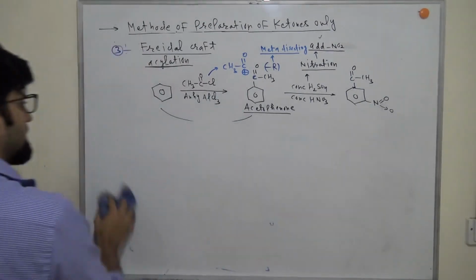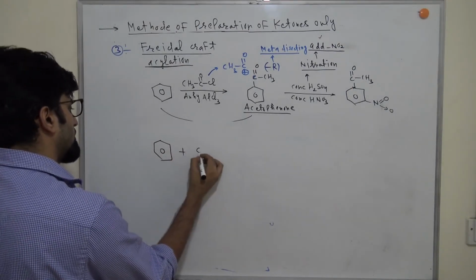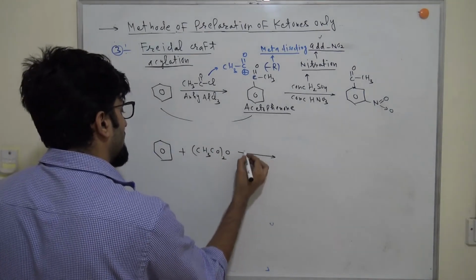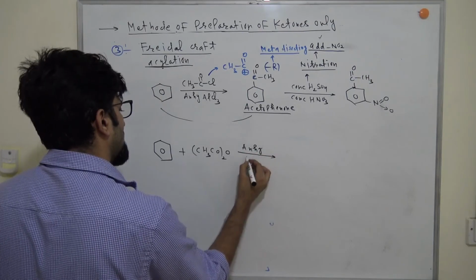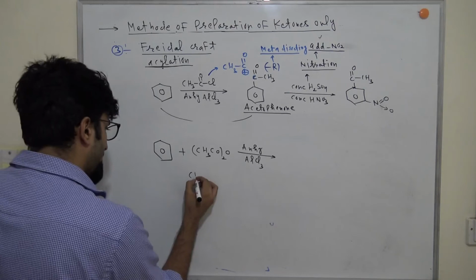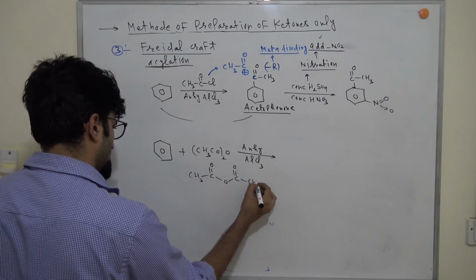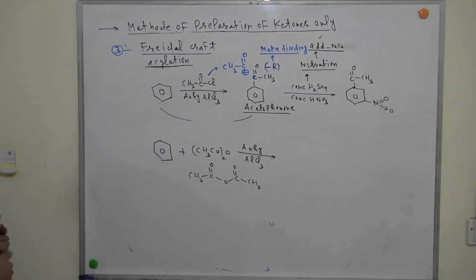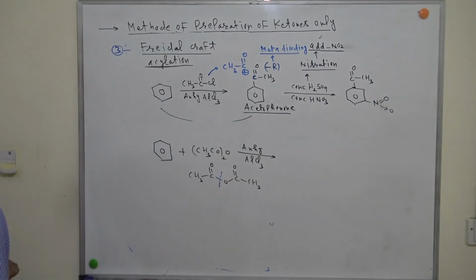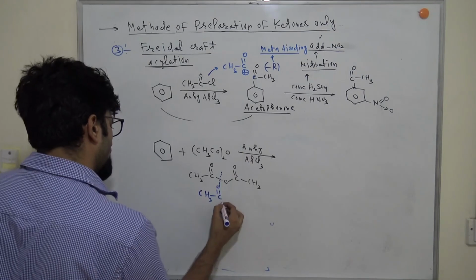Okay, and the next thing for us is, even I can do acylation with this also. Don't be confused. (CH3CO)2O and anhydrous AlCl3. This is also acylation. But here we have acetic anhydride. So many students can't write the product for this. They are scared. What is this? So let me tell you, from here also, the cleavage of this bond will happen, and this will be the electrophile. Same electrophile you will get.